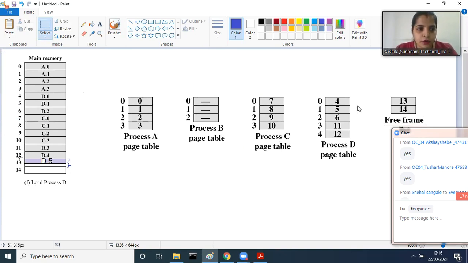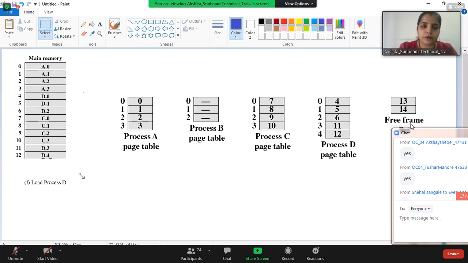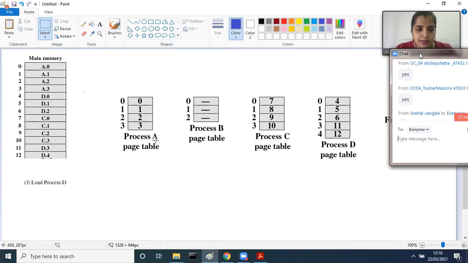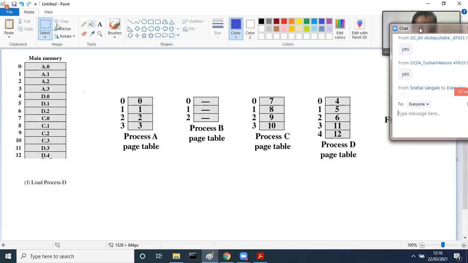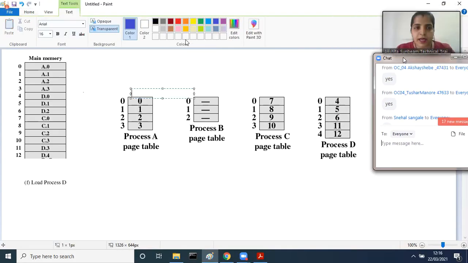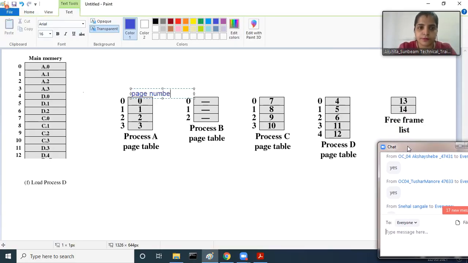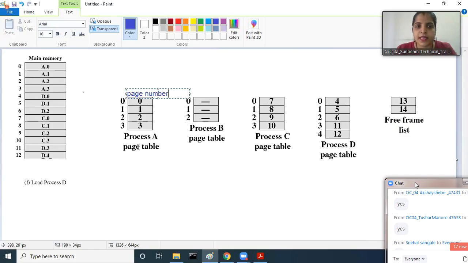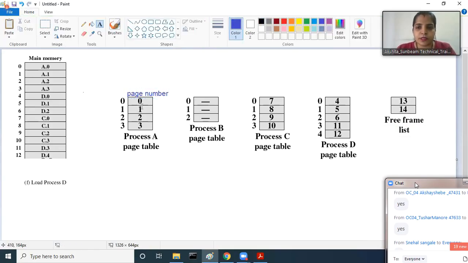Now, by looking at the diagram, can I say process A is loaded into this as a page number? Can I say this is the page number? Page number 0, page number 1, page number 2, page number 3.